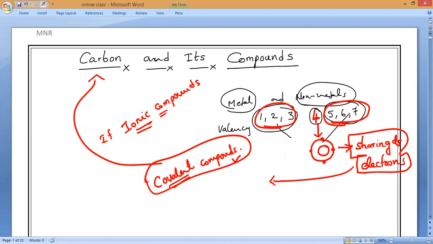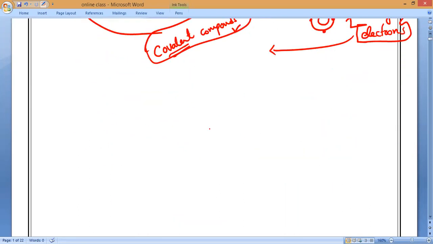Next, the compounds formed by carbon, that is organic compounds, hydrocarbons, nomenclature of hydrocarbons, isomerism, homologous series, functional groups, chemical properties of carbon compounds, and importance of carbon compounds. Next, soaps and detergents, and the last concept is coal and petroleum. It is a very big and very important chapter. One by one we'll study slowly, and try to complete as soon as possible.